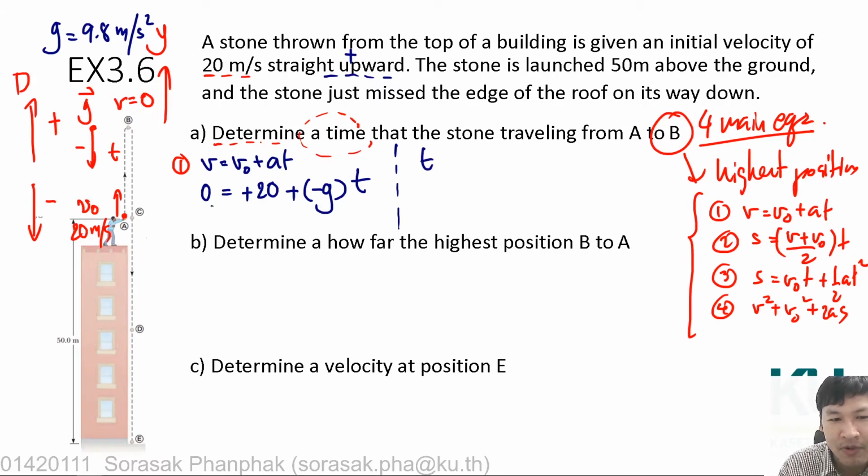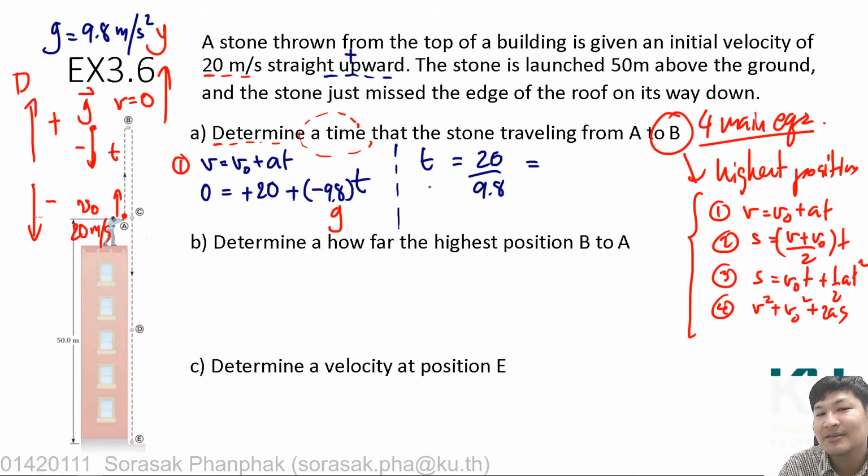So t is going to move to the other side, and you're going to get 20 divided by 9.8, because this is 9.8, I will sub in. And this is your g. Change to the other side, minus changes to the plus sign.